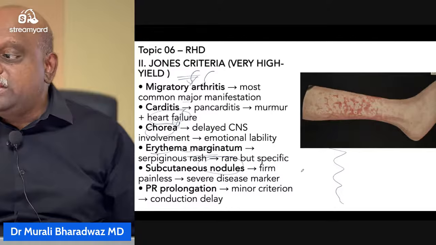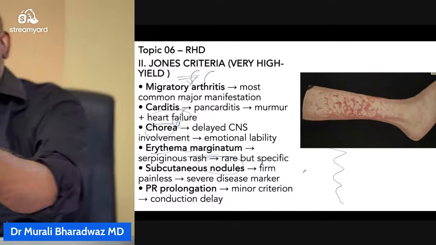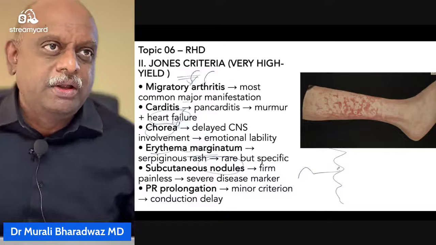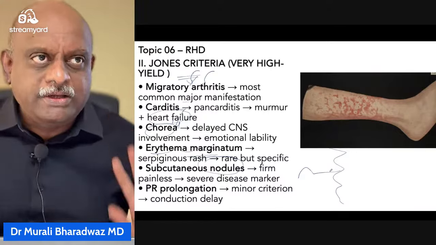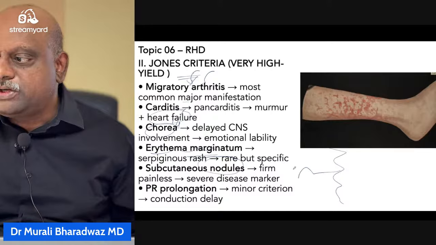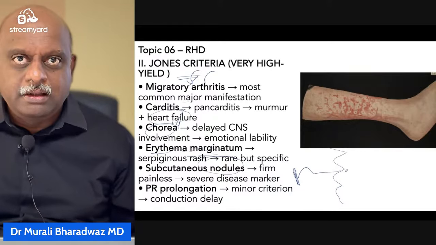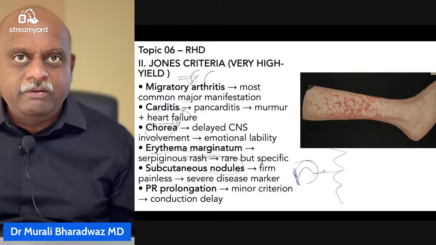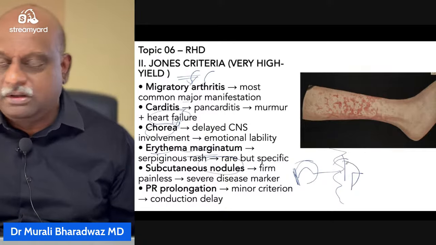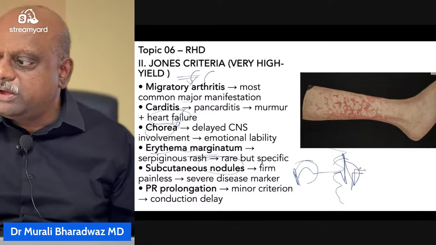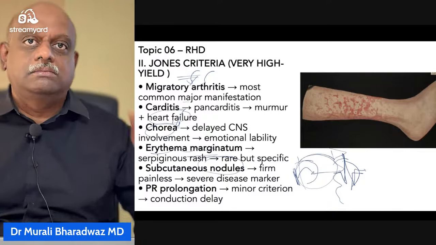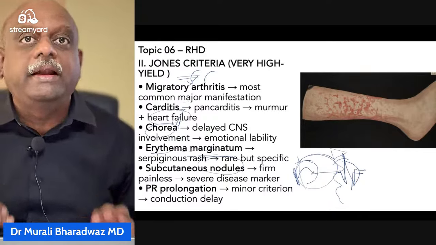And if you take the ECG, PR interval prolongation. The other day I told you, what is the interval, what is isoelectric segment? Starting of the P wave, including the P wave, up to the start of the QRS, you call it as PR interval.